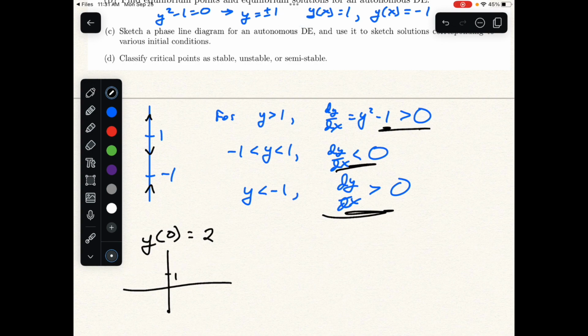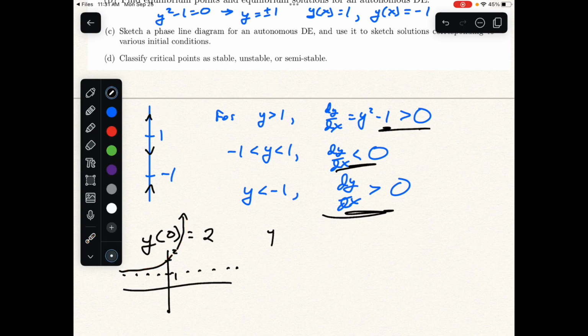Let me put 1 right here and 2 right here. So 1 was an equilibrium solution, so that acts as a horizontal asymptote. So the solution curve has to pass through (0, 2), right? That's the point (0, 2) right there. And because the derivative is positive there, it has to be going upwards.